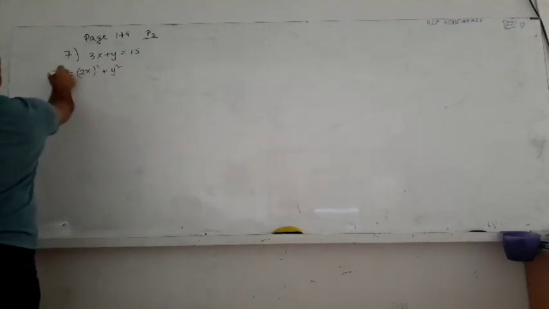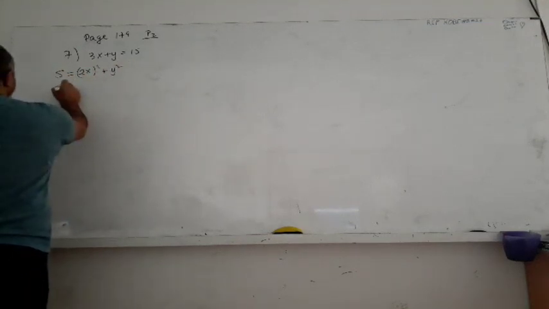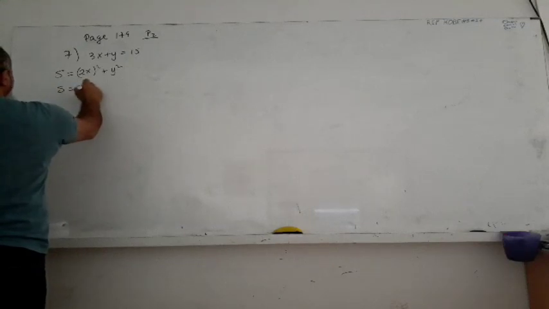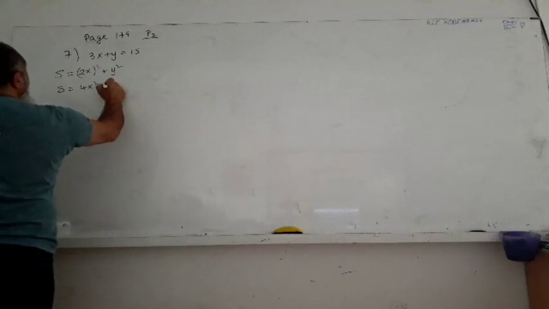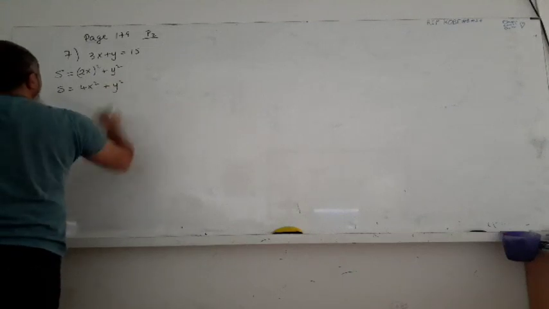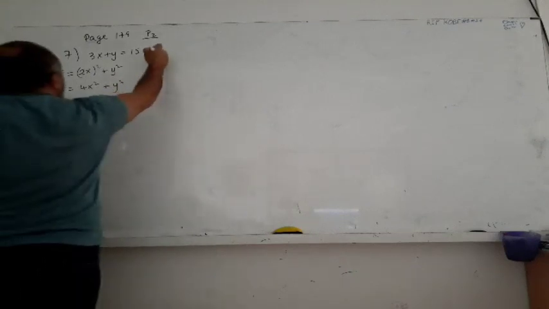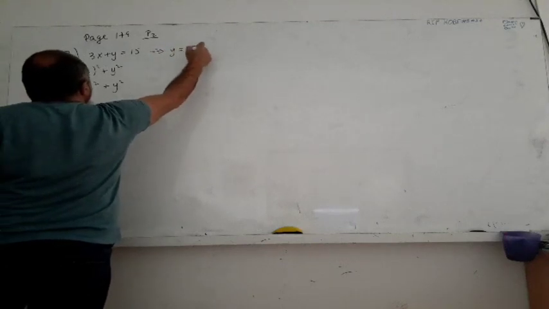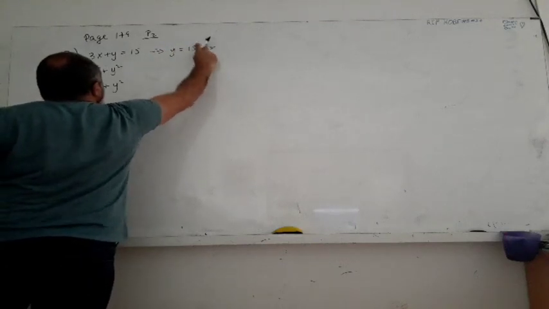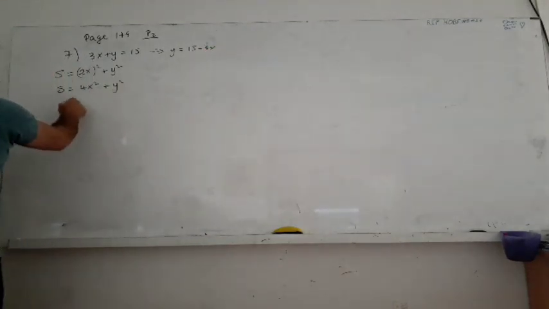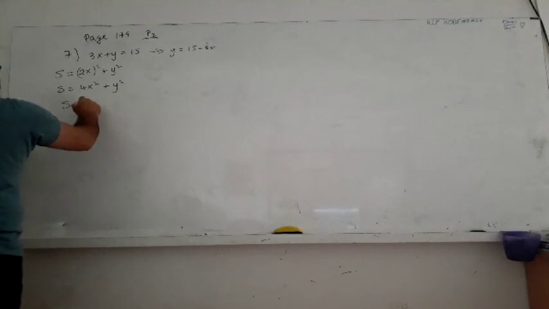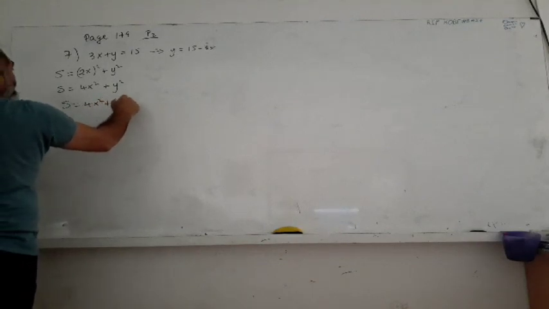That means s is equal to 4x squared plus y squared. Here y is equal to 15 minus 3x, and let's substitute there. So s will be 4x squared plus (15 minus 3x) squared.